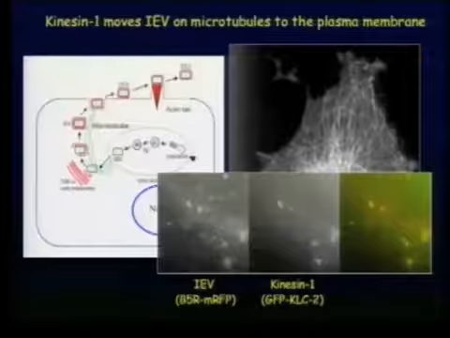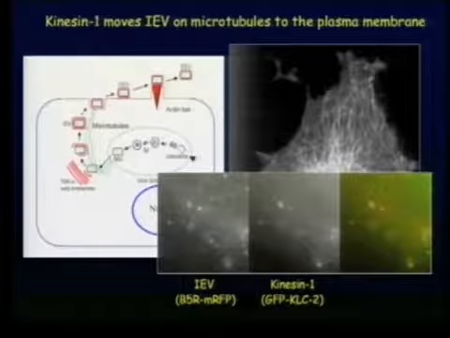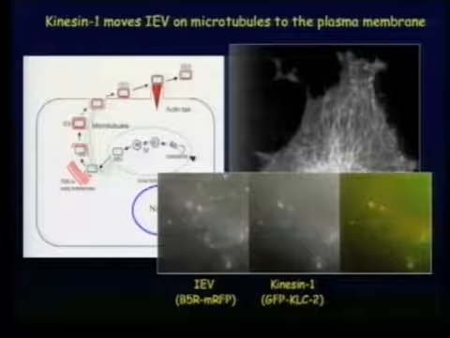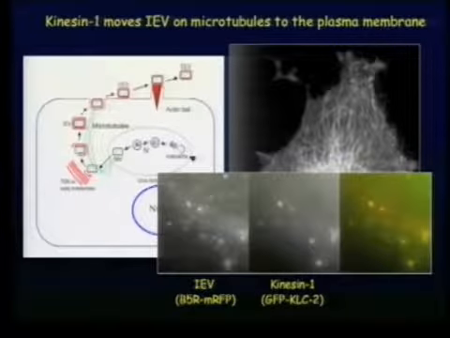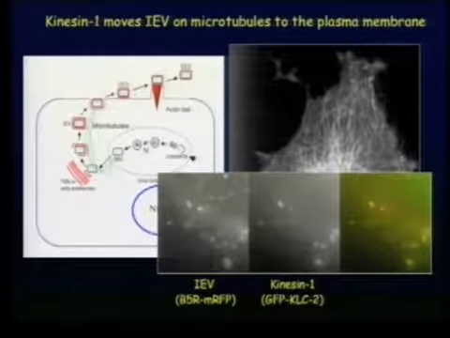And we know that the virus actually recruits conventional kinesin, so kinesin 1. So we can image kinesin on stationary particles and moving particles. It's still not clear exactly how the virus recruits that kinesin. There's some suggestions of molecules involved, but there's obviously a big complex on the virus surface that recruits the motor.